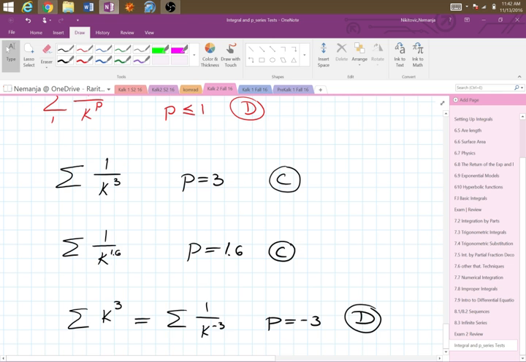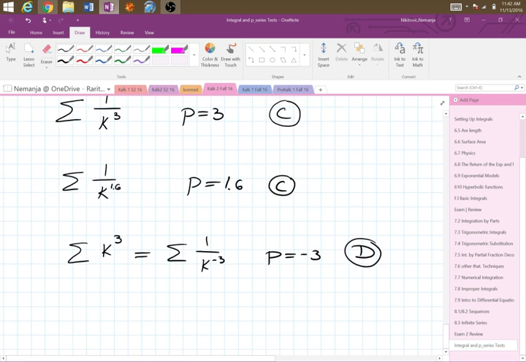Here are the three examples. 1 over k cubed, p is equal to 3, we have convergence. 1 over k to the 1.6, p is 1.6, again larger than 1, so convergence. And then k cubed can be written as 1 over k to the negative 3, p is negative 3, less than 1, therefore divergence.